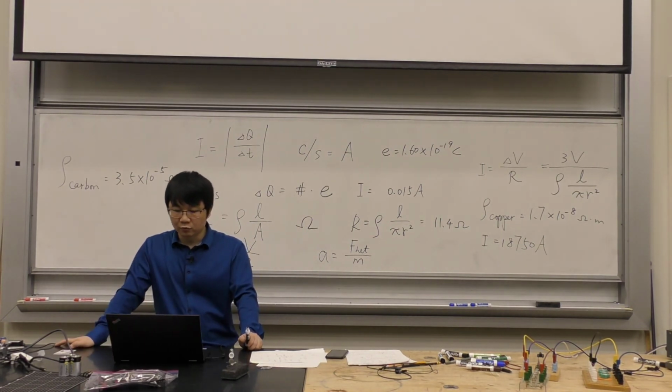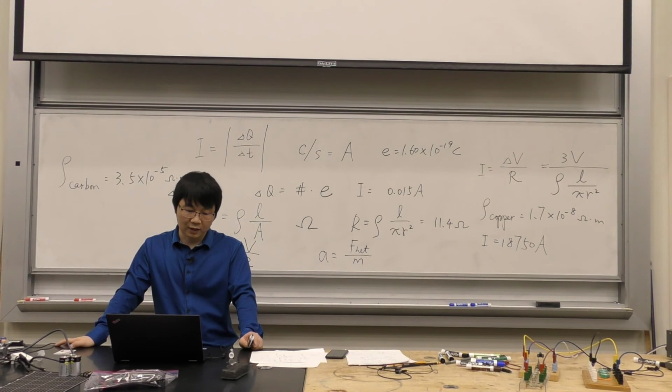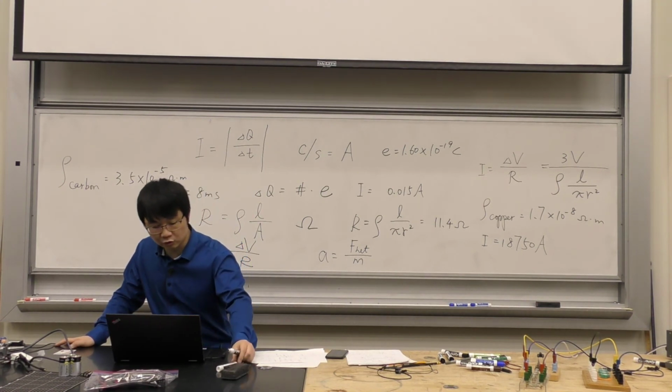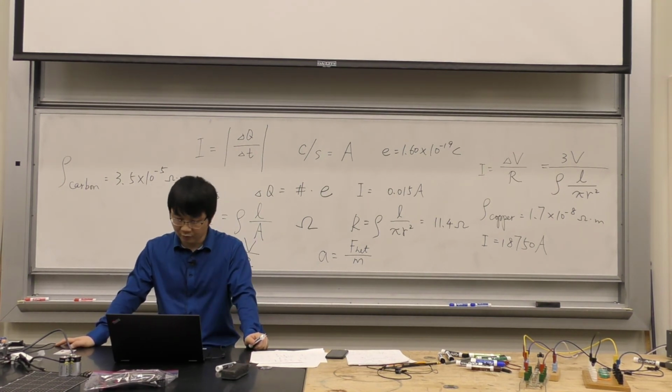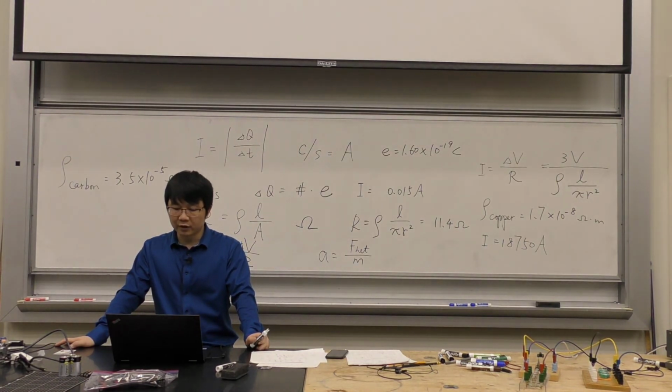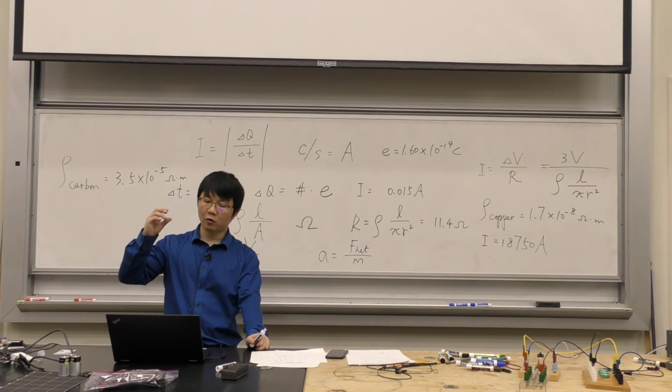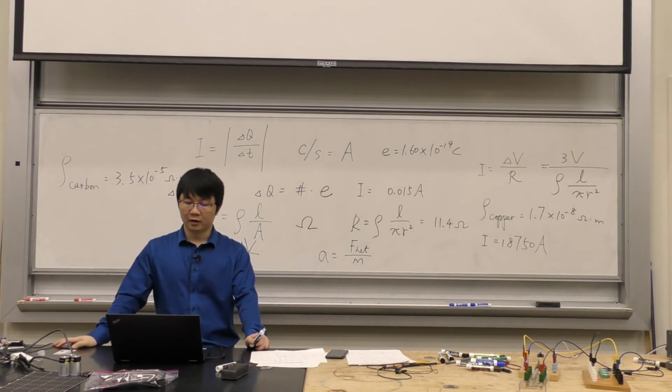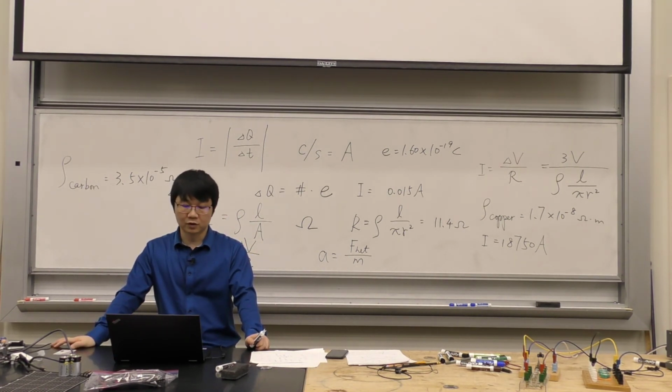So this is what's called a short circuit. I'm sure that everyone knows that, because you shouldn't short circuit anything. A short circuit is just a circuit that only has conducting wires, or something with very, very small resistance, connected to a voltage source.